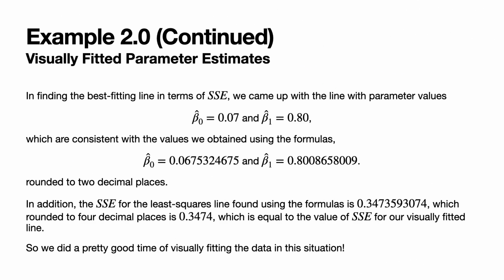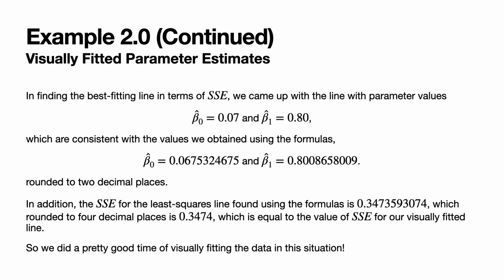In finding the best fitting line in terms of SSE using our visual fitting approach, we came up with the line that has parameter values beta 0 hat equal to 0.07 and beta 1 hat equal to 0.80. These are consistent with the values we obtained using the formulas, beta 0 hat equal to 0.067532465 and beta 1 hat equal to 0.80086580009, when we round those to 2 decimal places.